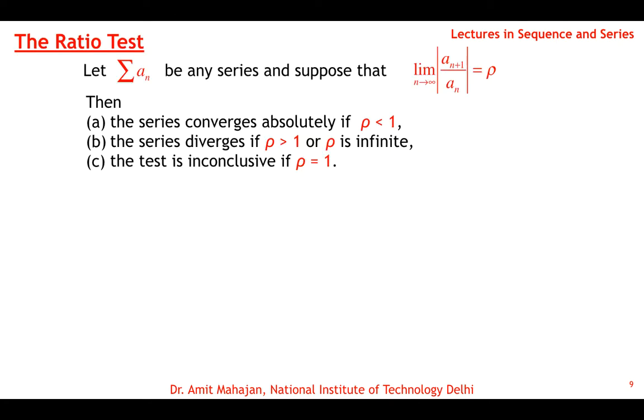Now I'm going to take two important tests here, which are the ratio test and the root test. The ratio test is also known by the name D'Alembert's ratio test.